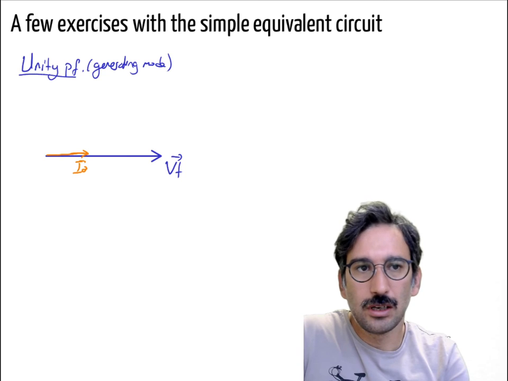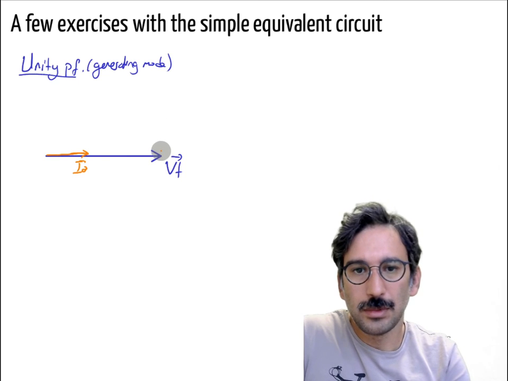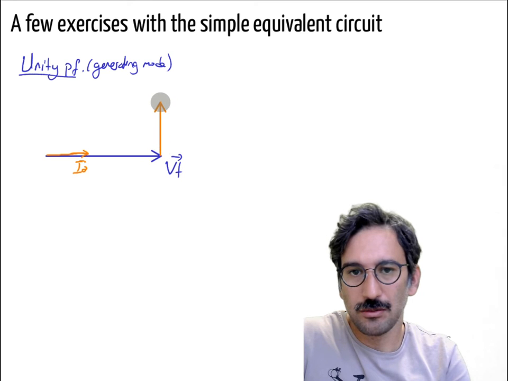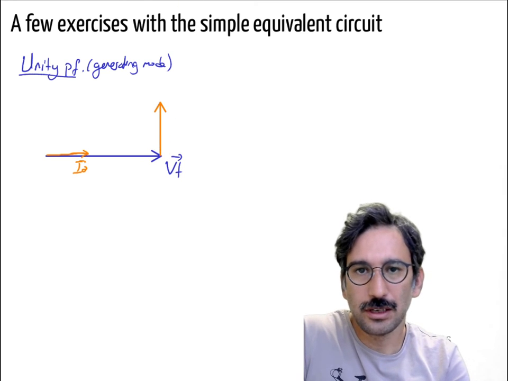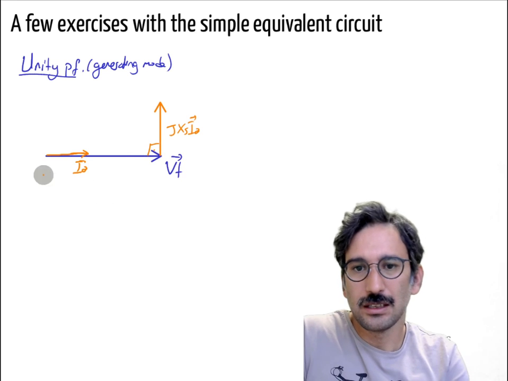Then you are multiplying it by j omega Xs, so that is the j Xs IA vector, 90 degrees.